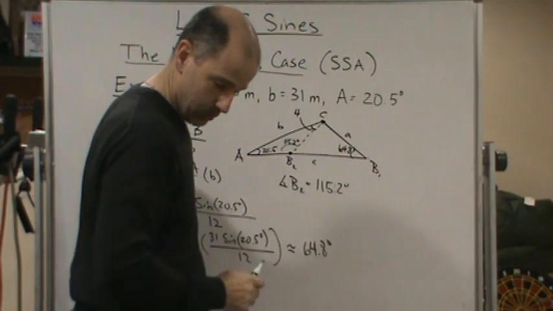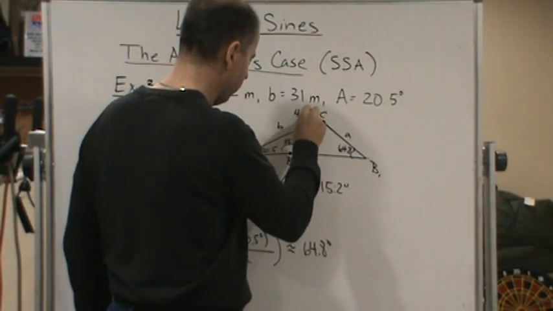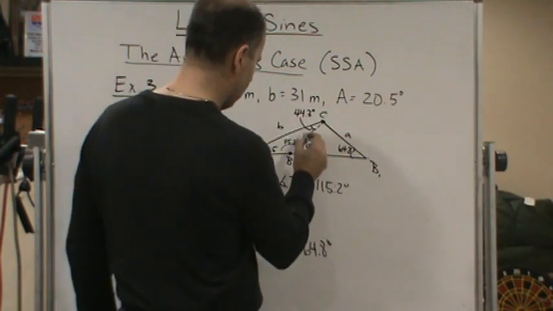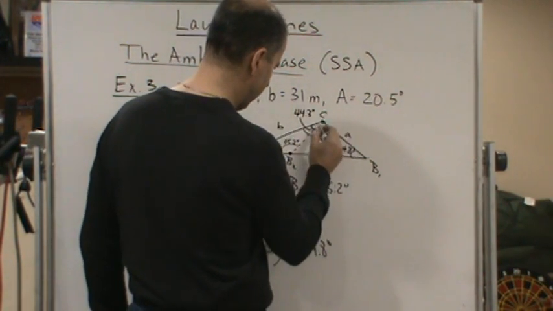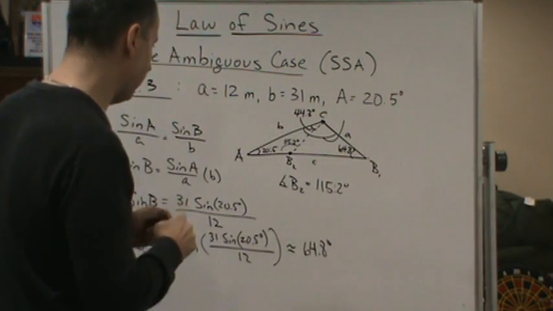So 44.3, okay? And then what about this one, right? The whole thing, this one. Let's say, so that one is going to be what?